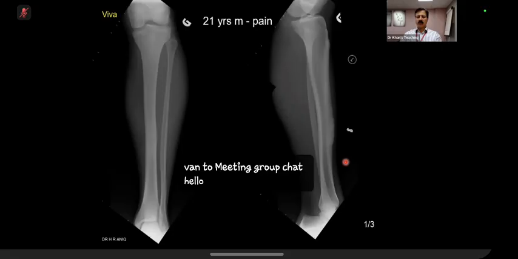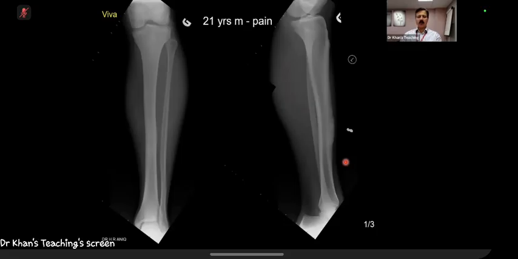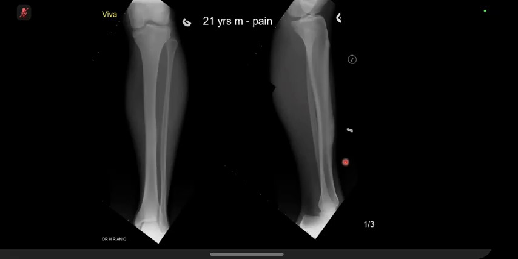Now, give me a bookish answer, not in this case, but clinically speaking, if a young patient like a 21-year-old comes to you with this kind of symptoms with tibia, what is your differential diagnosis? So I think given the size, possibly an osteoblastoma.